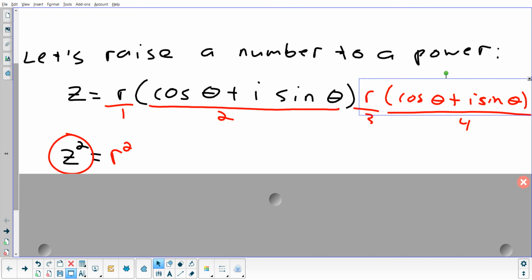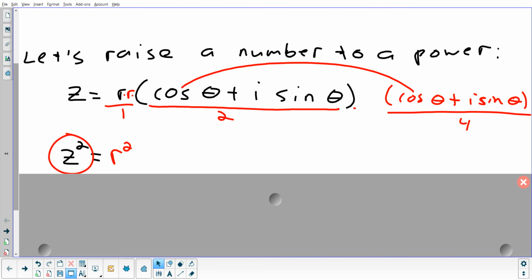Okay, and if you think, well, how could it be r squared? Well, you could rearrange this. Just imagine putting this r over here. So it's r times r, which is r squared. Now you've got to FOIL the rest of this out. So Hannah, what's cosine times cosine? Cosine squared. Cosine squared theta. And Sean, what's cosine times I sine?